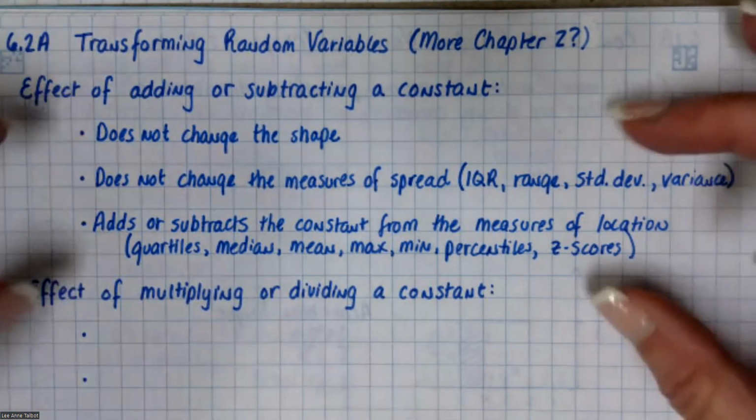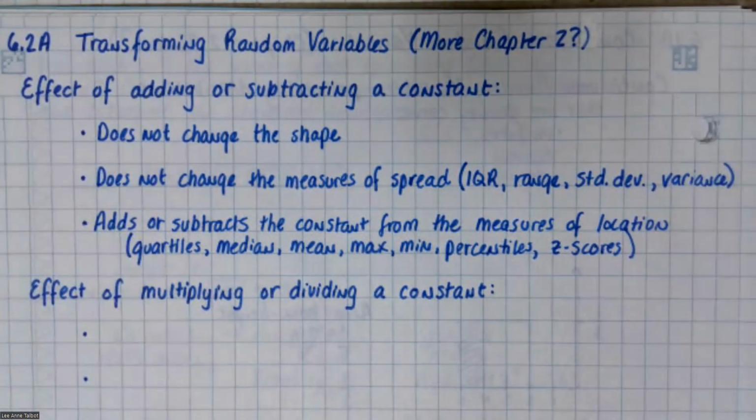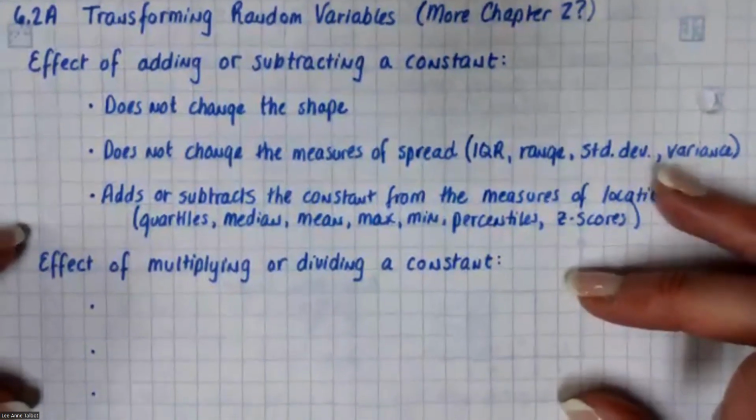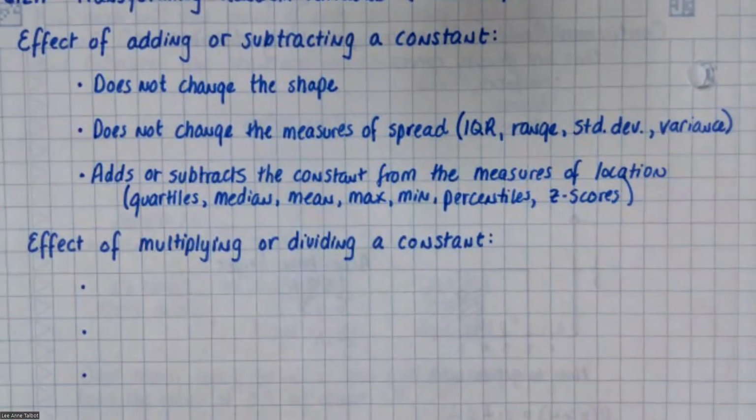Okay, so that was when we added or subtracted a constant. You've got to think of it as a shift up or down, not spread out anymore, just a shift. Now we're going to multiply or divide by a constant, which is going to make it more spread out.